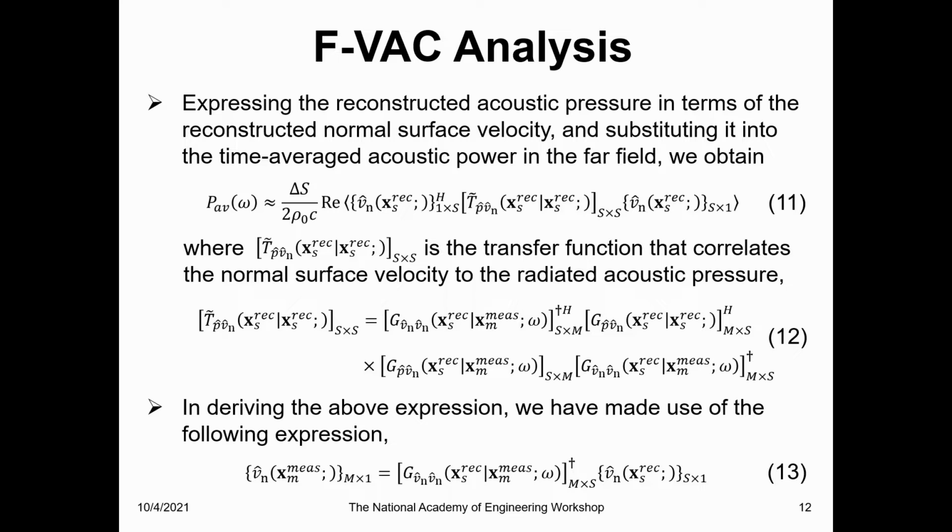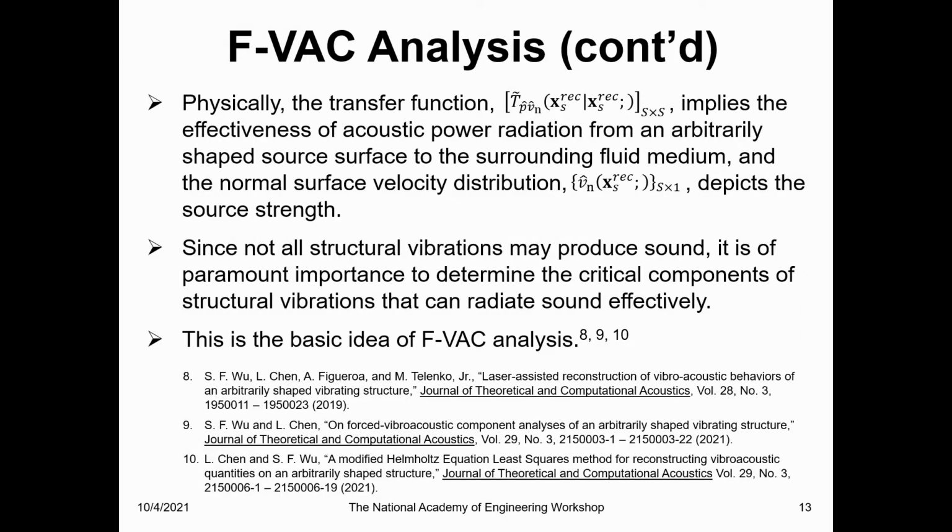In deriving this expression, we have made use of equation 13. Physically, the transfer function implies the effectiveness of the acoustic power radiation from an arbitrarily shaped source surface to the surrounding fluid medium, and the normal surface velocity distribution depicts the source strengths.